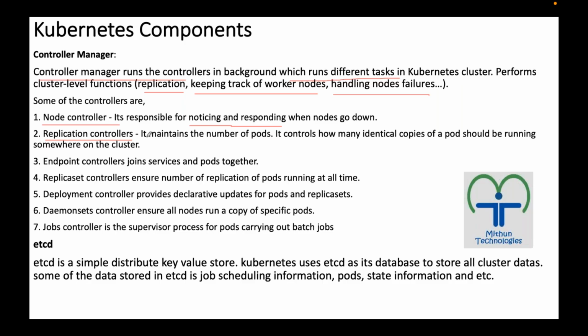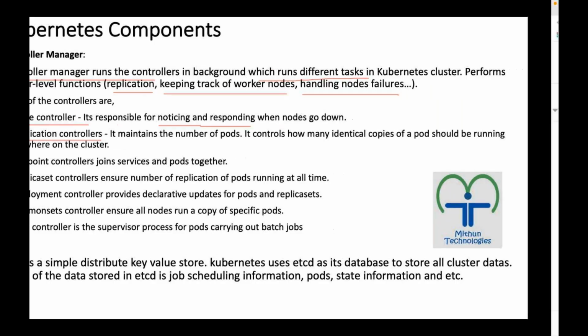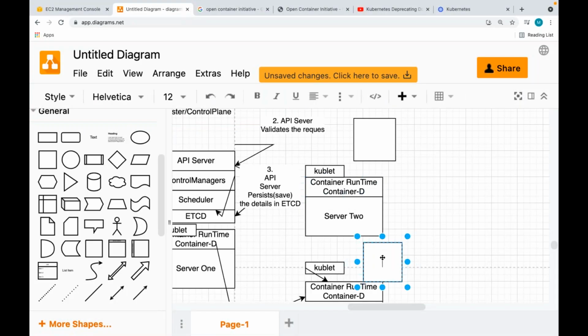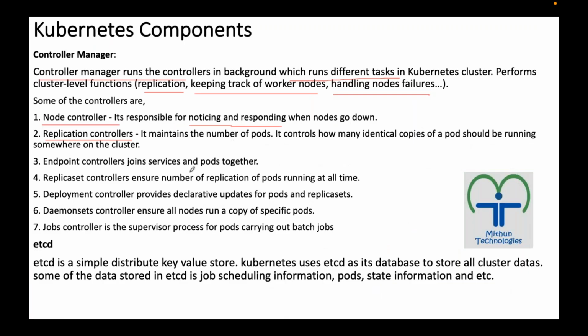If the desired state is not matching the current state, the replication controller is responsible for recreating that pod. Like this, we have some controllers which do tasks in the background, managing the pods, managing the node failures, like this.